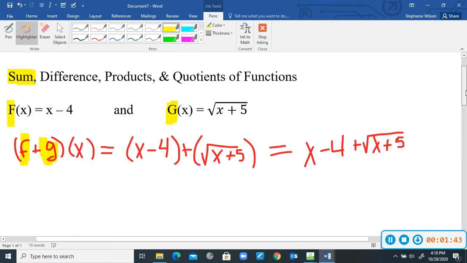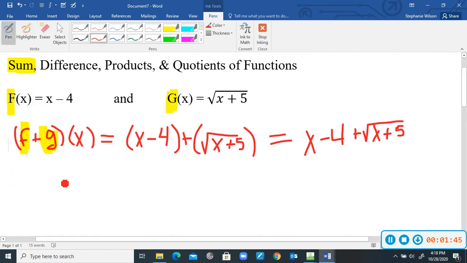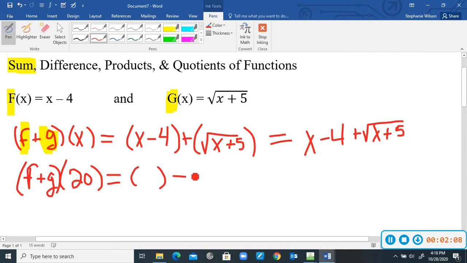What if I said let X be some value? So what if I said F plus G, and let's say X is 20. Then that means when I add these two together, everywhere I see X, I'm going to plug in the 20.